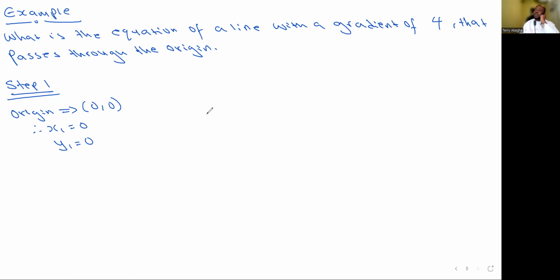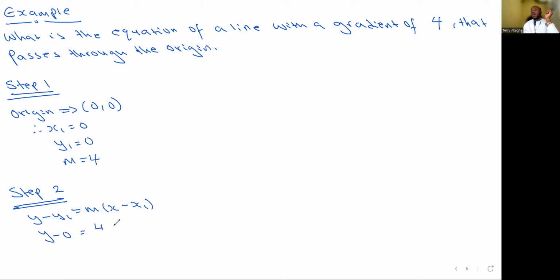The gradient of 4, so m is equal to what? 4. Then we can apply the formula now. We know y minus y1 is equal to m times x minus x1. So that'll give you y minus 0 is equal to 4 times x minus 0.